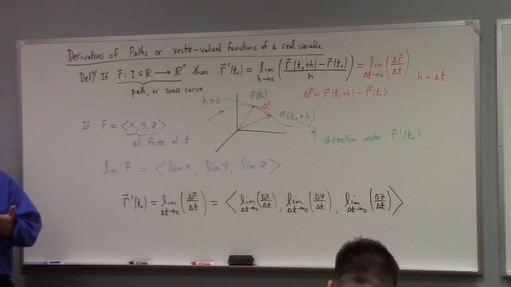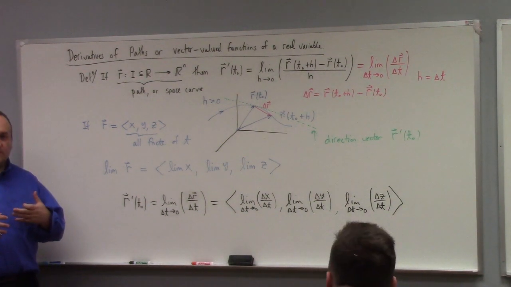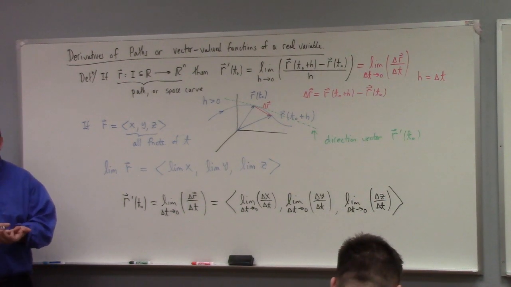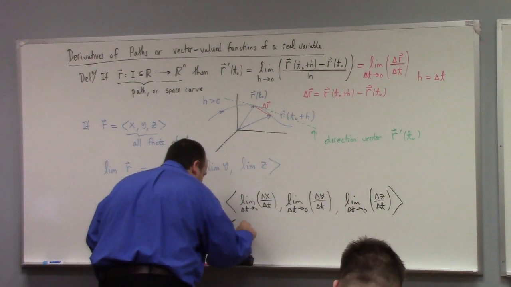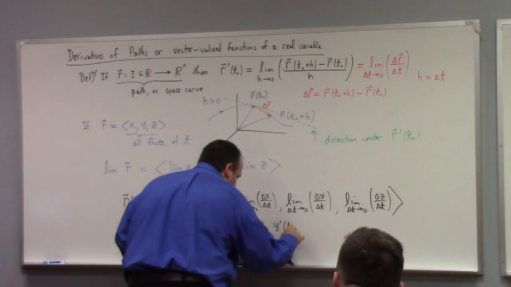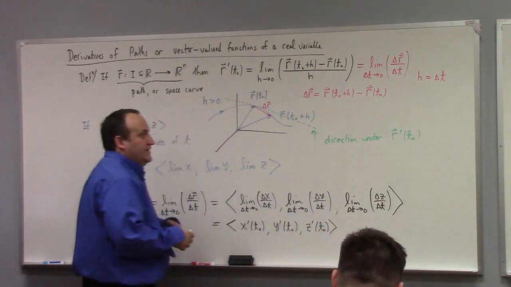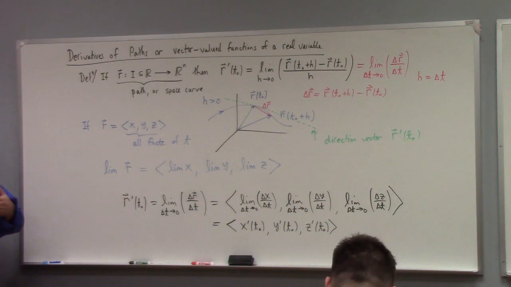Well, with the understanding this is all being done at t naught, those are exactly just the derivatives of the x function, the y function, and the z function. So it's literally just x prime of t naught, y prime of t naught, z prime of t naught. That's it. So to calculate the derivative of a space curve, we simply differentiate the component functions one at a time and string them together. It's just that. That's the derivative.